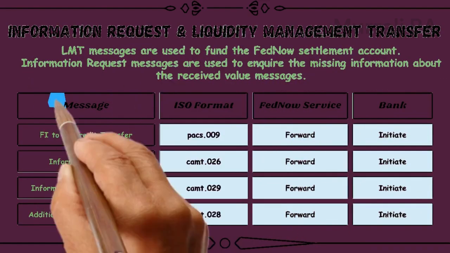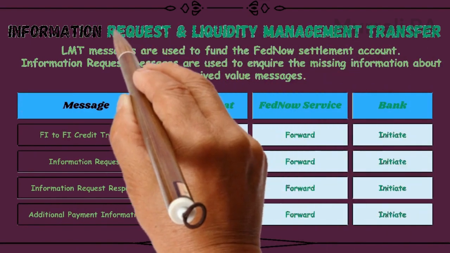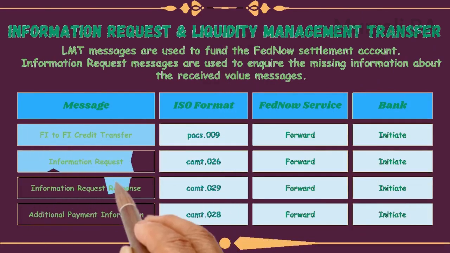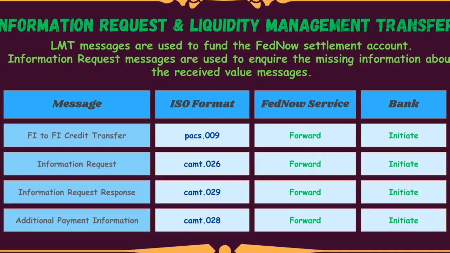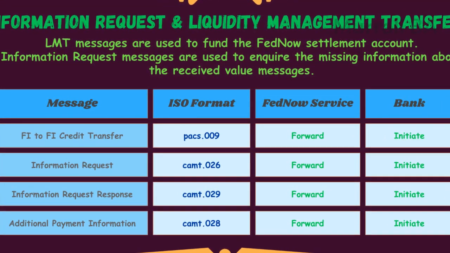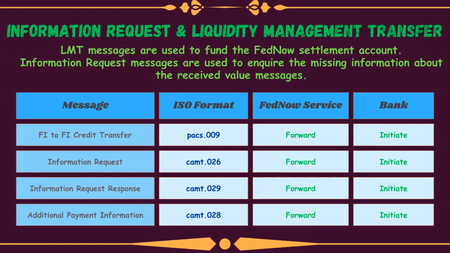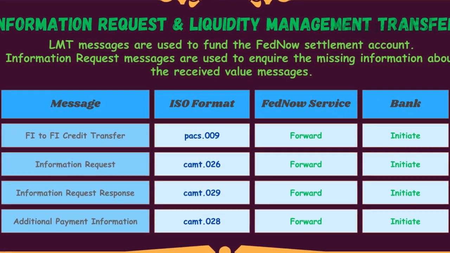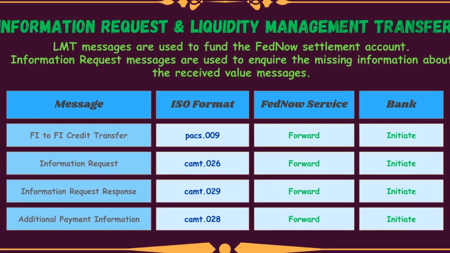And information request messages are used to inquire about the missing information about the received value messages, and it has information request CAMT 026, information request response CAMT 029, and additional payment information CAMT 028. Once again, all these messages can be initiated only by the bank or any financial institution. Only the FedNow service facilitates by forwarding these messages to the intended party.